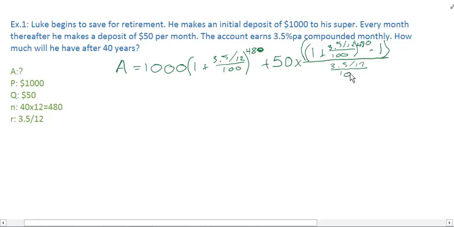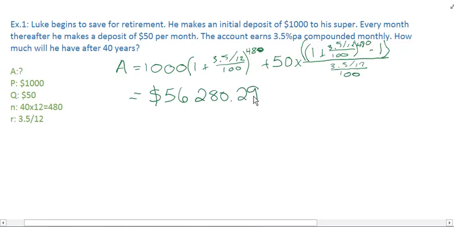Just a little bit messy. And it should evaluate to $56,280.29.